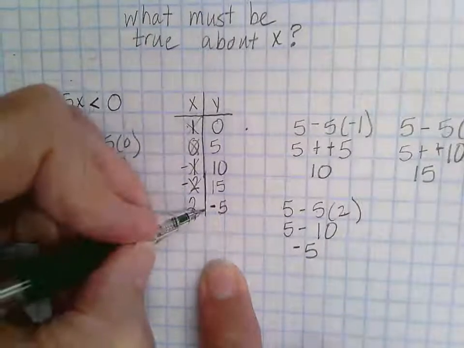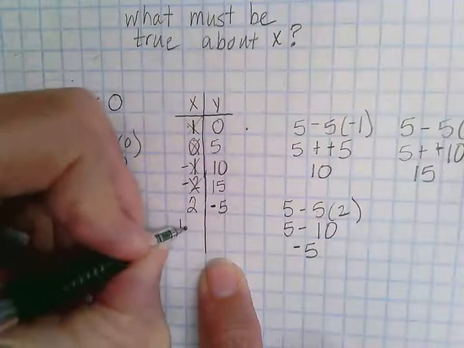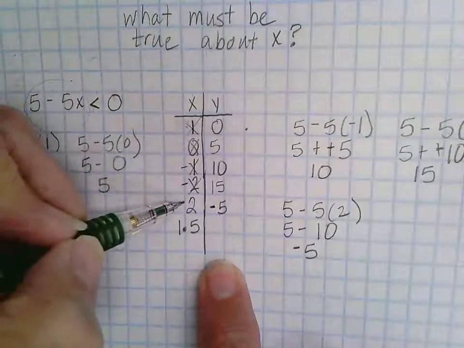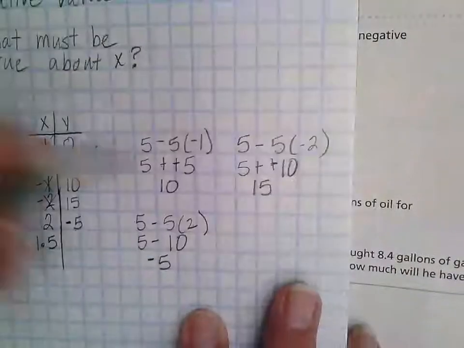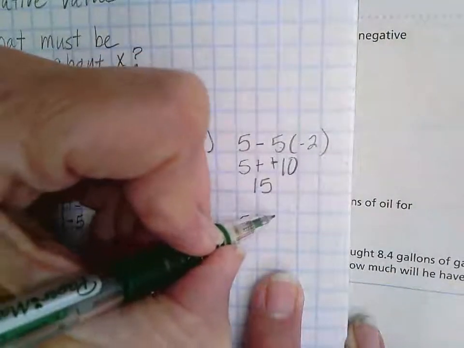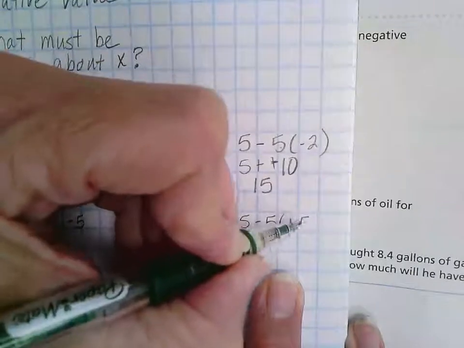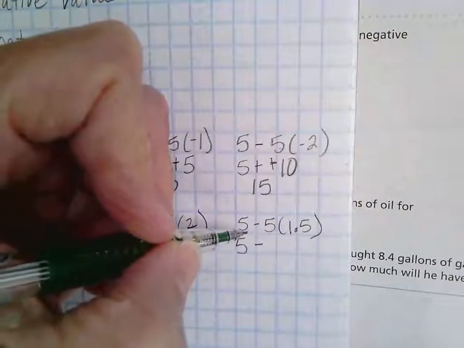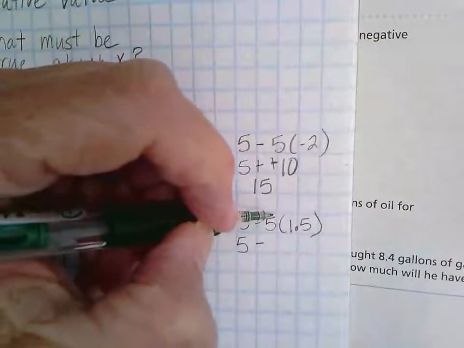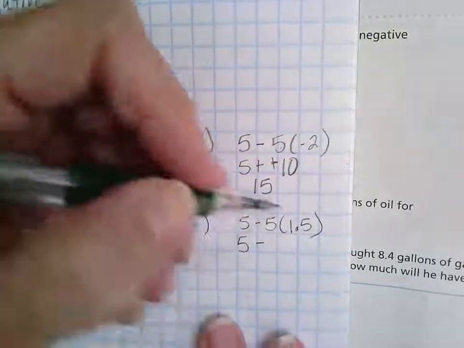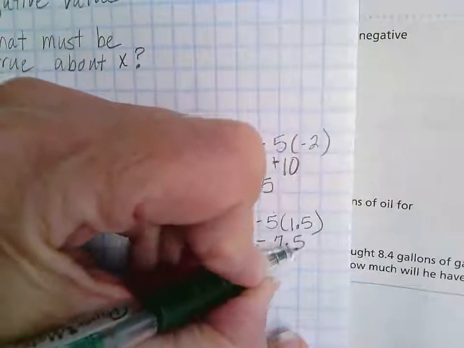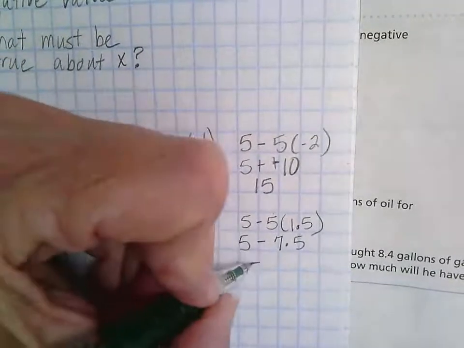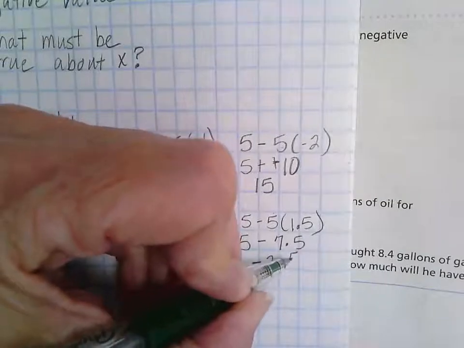Let's see what happens when I put in 1.5, a number that's in between 1 but less than 2. So when I put in 5 minus 5 times 1.5, I get 5 minus 7 5/10, and that's going to give me a negative 2 5/10.